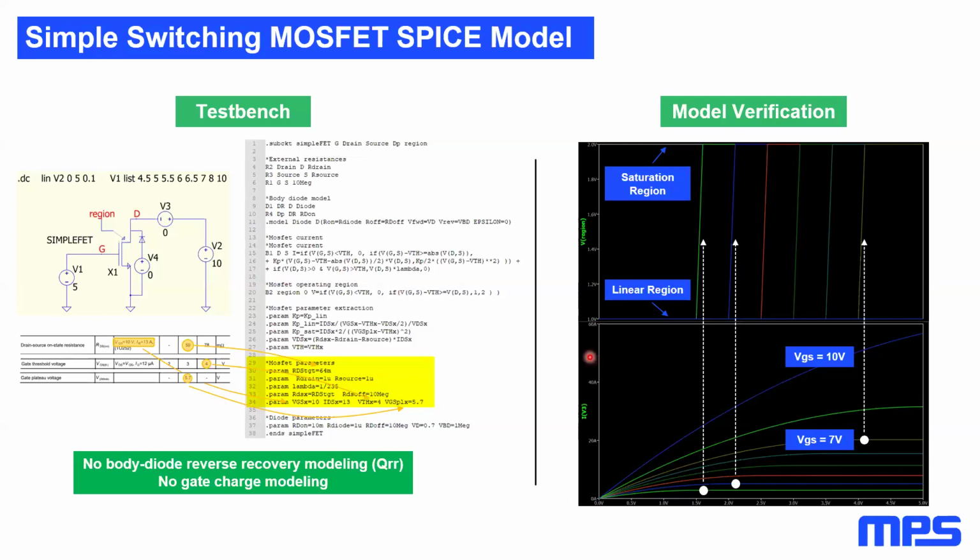When it is instead in saturation or pinch-off region, we know that the current is transitioning from 0 to the load current, the behavior indeed associated to the definition of switching losses. Another advantage is that the diode and the channel currents can be measured separately, allowing for the calculation of the body diode losses.